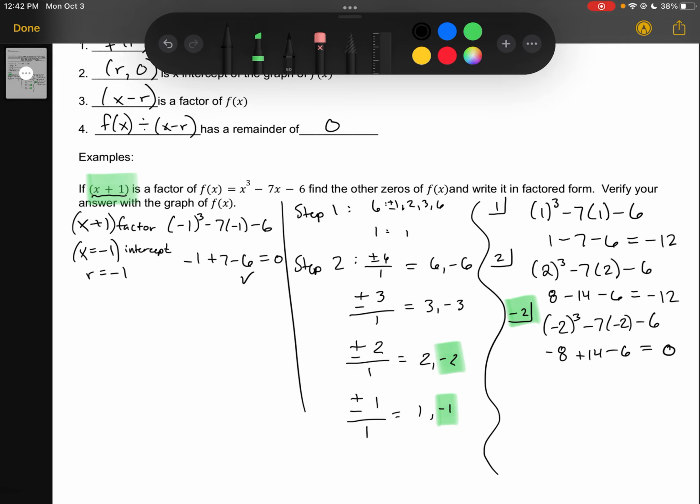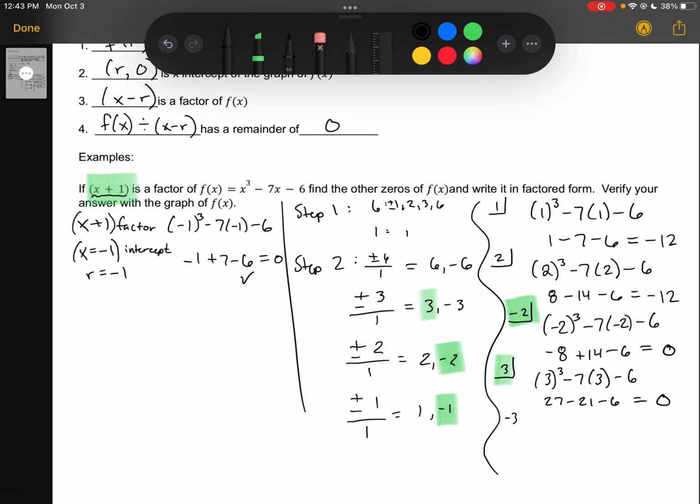We've got to keep going because we want to find the other zeros. We'll do 3. 3 to the third minus 7 times 3. That's convenient, 2 in a row. So positive 3 works.